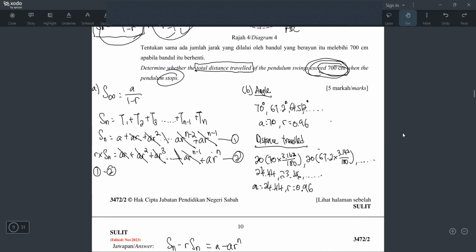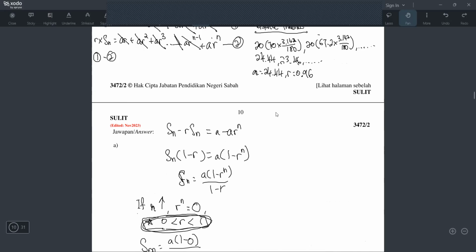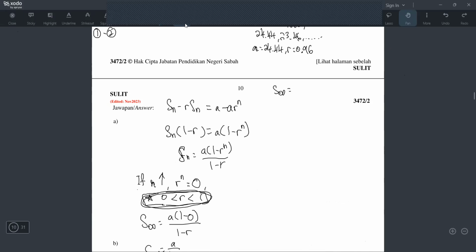So you will do S infinity now, and the formula you use will be A over 1 minus R. So I will continue down here. It will be A, which is 24.44, over 1 minus R, like this, right? And then we press all this: 24.44 divide bracket 1 minus 0.96 close bracket. My calculator gives me 611, right?